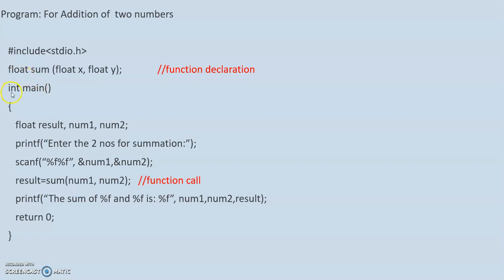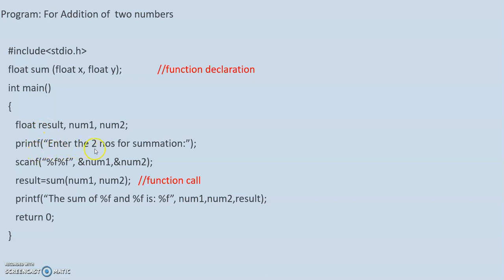Next, we have int main. Main is again a function, with a return type of integer. With curly braces, we start the main function. Float result, num1, num2. Here we have declared three variables: two for the numbers and the third one for the result.